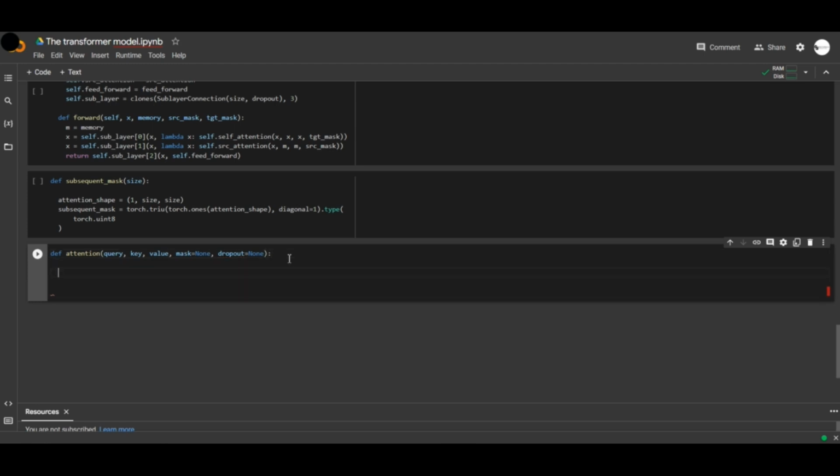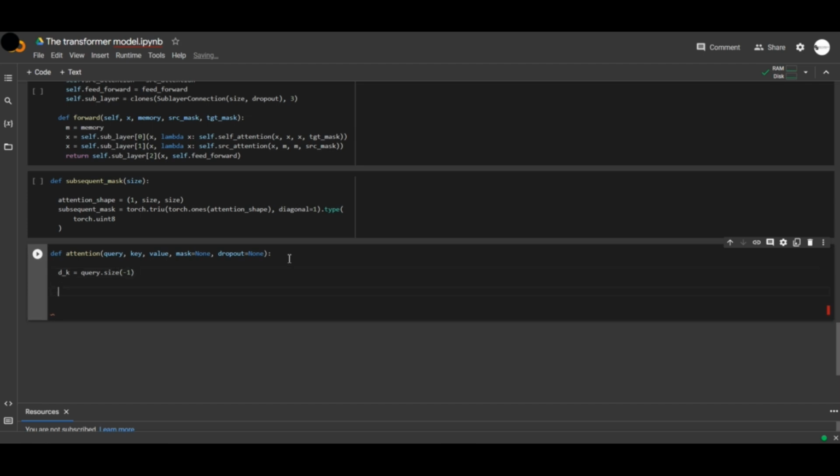Anyway, so the first step we need to do is to calculate the dot product of the query and key matrix, okay? Then we said that we're gonna scale it by dividing this by the square root of the key dimension. And we said that we're doing this so that we prevent the dot product from getting too large, okay? So we need the key dimension, so we can use the query dot size, which is going to be this one. Then what we do is that we take the scores. So we said that we take in what?